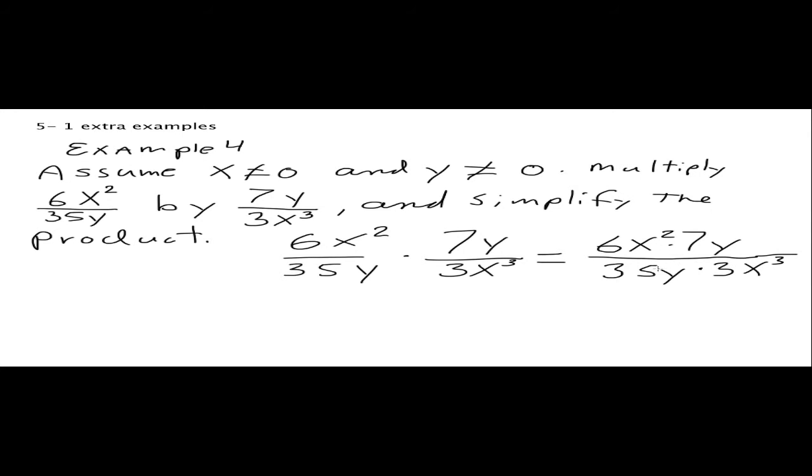Now we remember that multiplication is commutative, so I can move things around in the equation. And so in doing that, I can organize it in a way that I can easily cancel things out, or I could just do it if you see it right now. So 6x squared is going to go over my 3x cubed, times 7y, which will be over 35y.